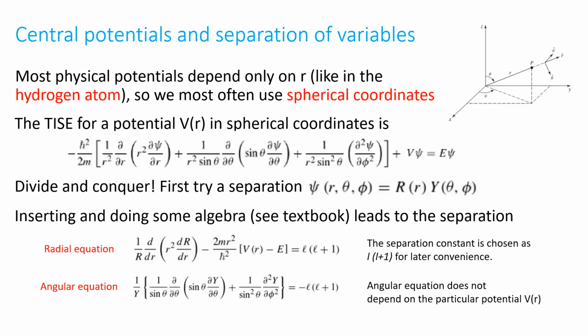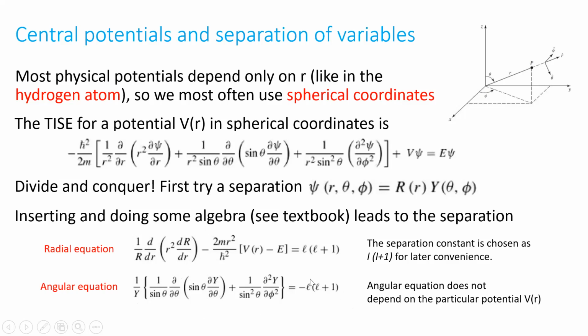One thing to notice is that the angular equation does not depend on the particular potential V of r. V of r only appears in the radial equation. There's no V in this one. So no matter what central potential we have, no matter what V of r is, we still have the same angular equation.